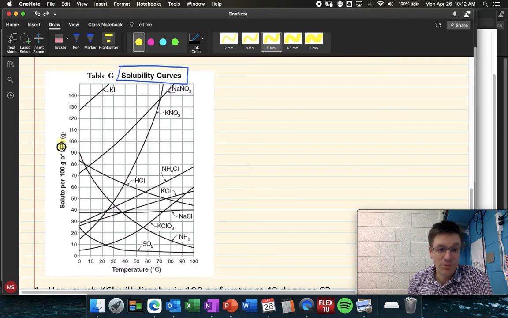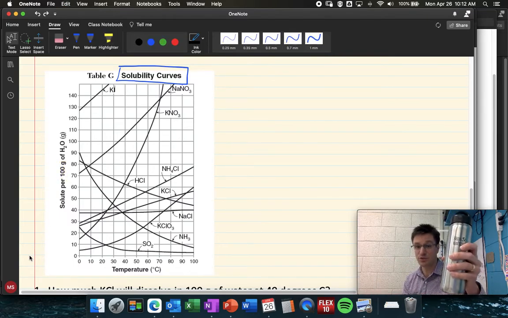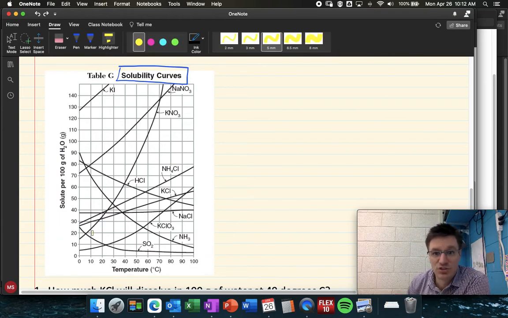We're going to dissolve them into H2O, into water, and we're seeing how many grams of these things we can dissolve in 100 grams of water.